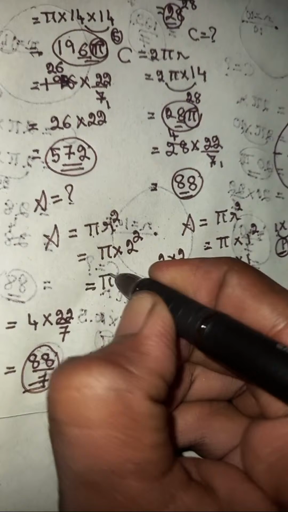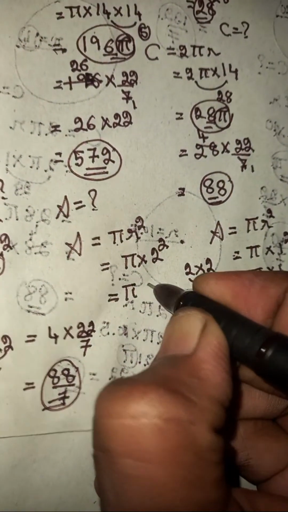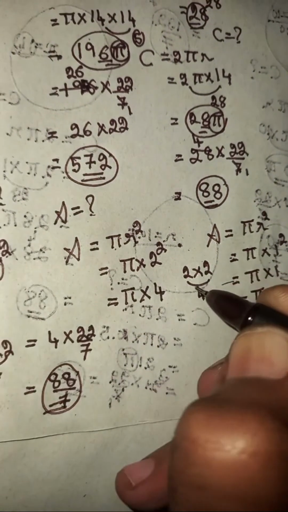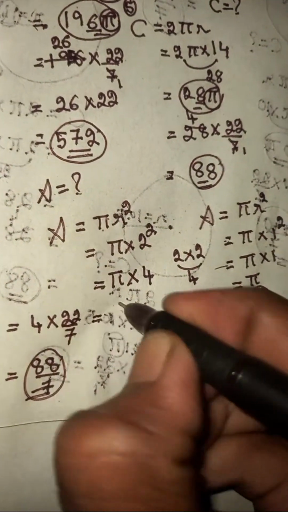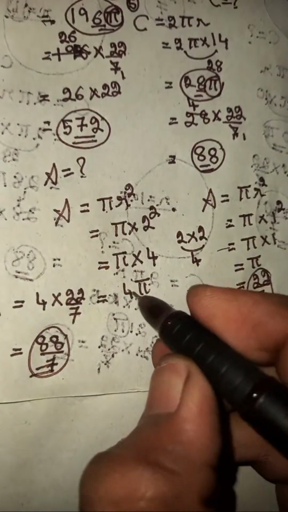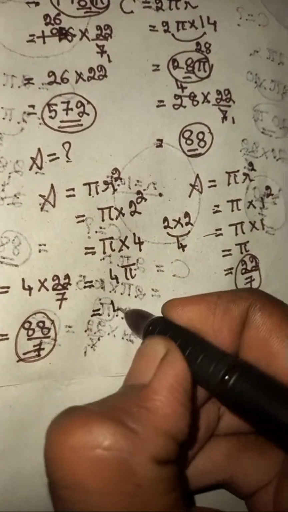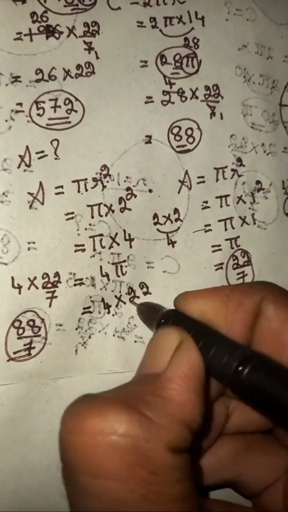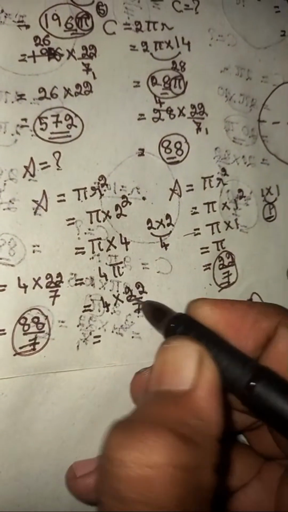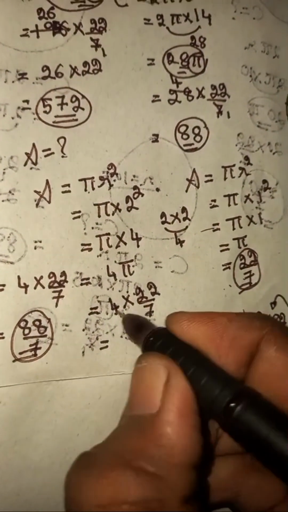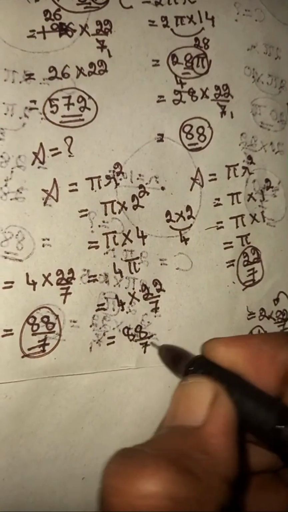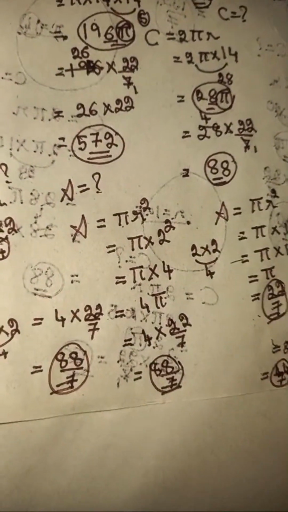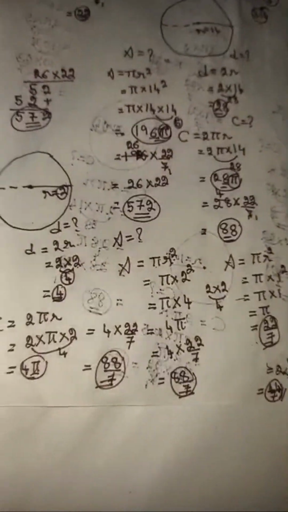So it is pi times of this 4. Pi times of 4 means you can write it as 4 pi, or you can write this even equal to 4 times of 22 by 7, and 4 times of 2 is 8, and again 4 times of 2 is 8. 88 by 7 square units. That is the area of the circle.